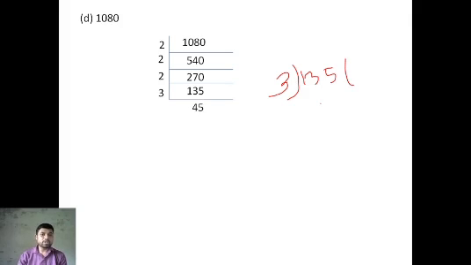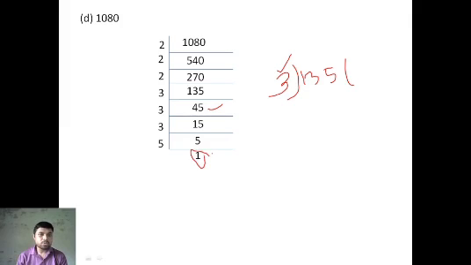Suppose it is not divisible by 3, then check by 5, that means check by prime numbers. So 45, obviously it will go by 3, it will be 15. 15, obviously divisible by 3, it will be 5, and 5 fives are 1. So stop when you get a 1.